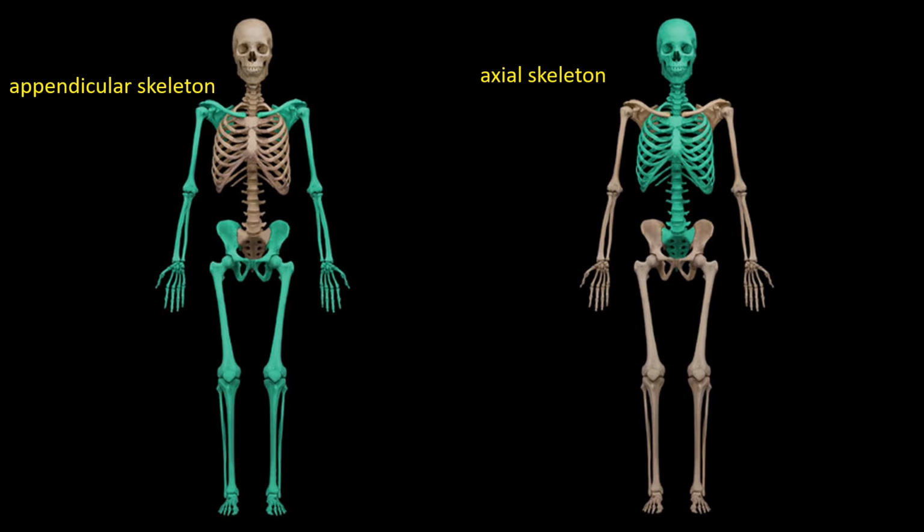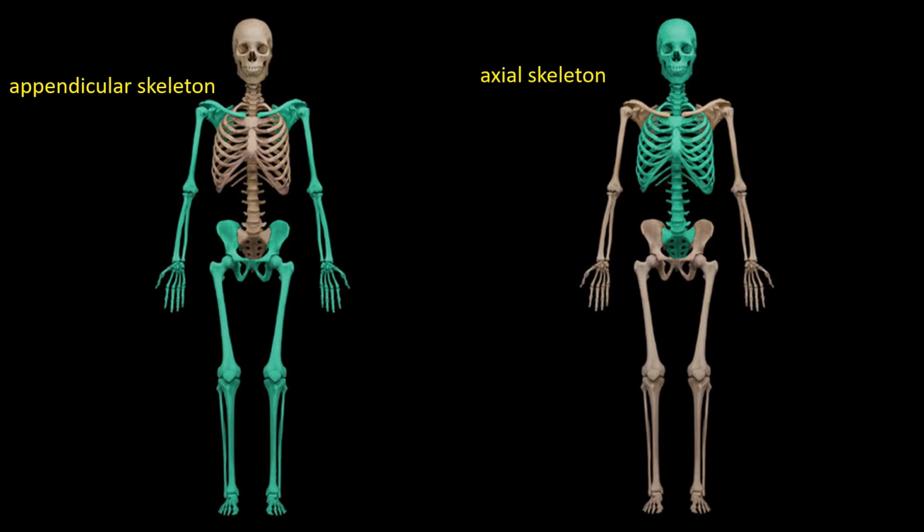The appendicular skeleton involves the bones of the upper limbs and the lower limbs. Now, the upper limb or the lower limb is not attached directly to the axial skeleton. They are attached by a group of bones called girdles.